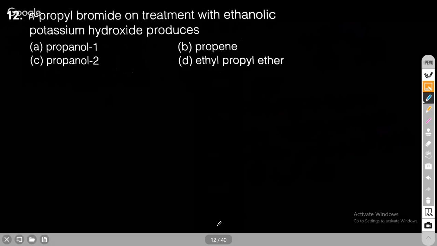It is not aqueous KOH. See, it is ethanolic potassium hydroxide. Okay, ethanolic. The purpose of this is what? The medium is alcoholic. That is it. So we have alcoholic KOH, right? And alcoholic KOH gives you alkene, not alcohol. If you take aqueous KOH, then you will get alcohol, right? So answer in this will be propene.